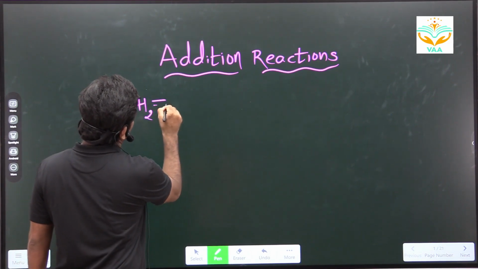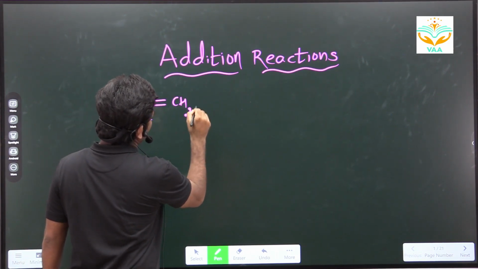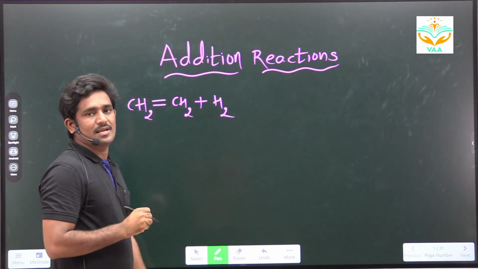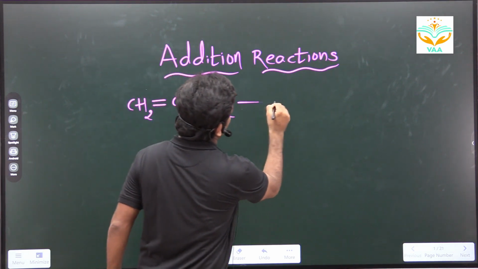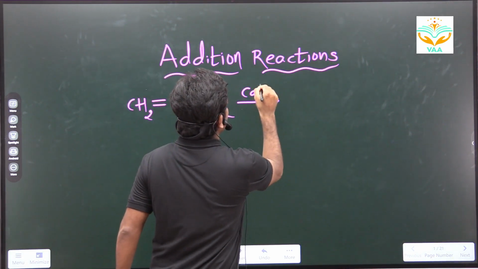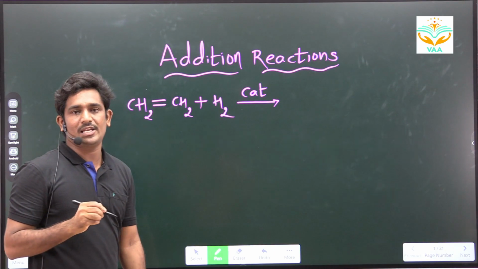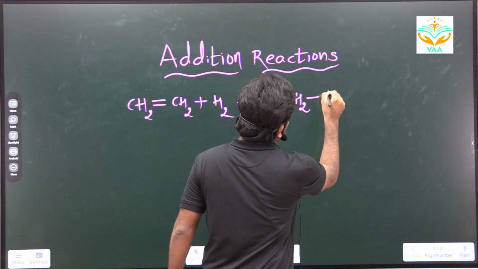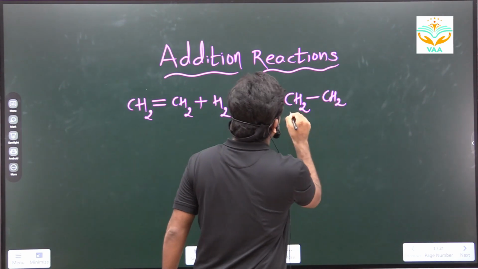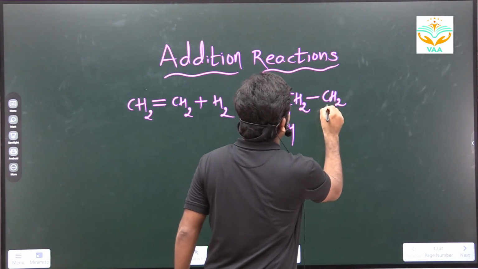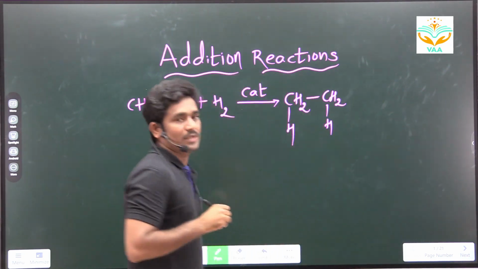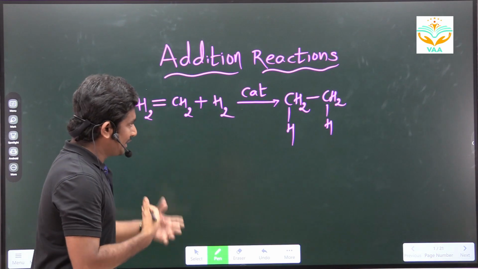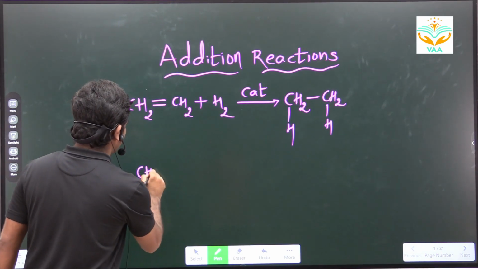CH2 double bond CH2. If I add hydrogen gas to this alkene in the presence of a catalyst, it will give this product. Right? So there is one more addition reaction, that is halogenation.